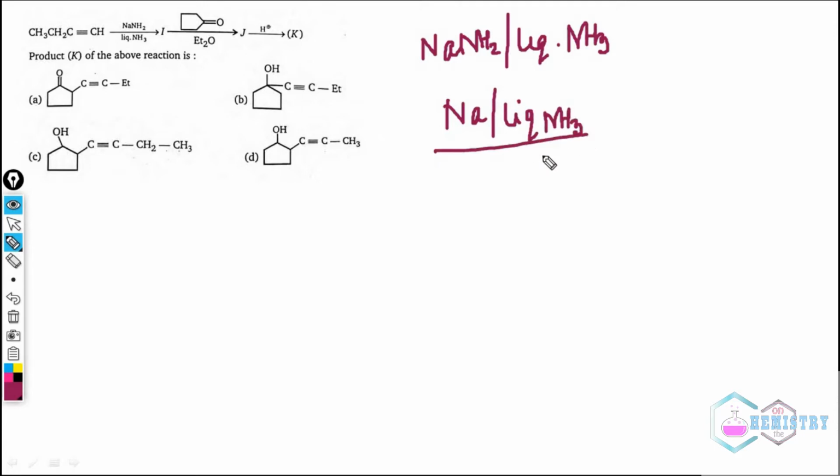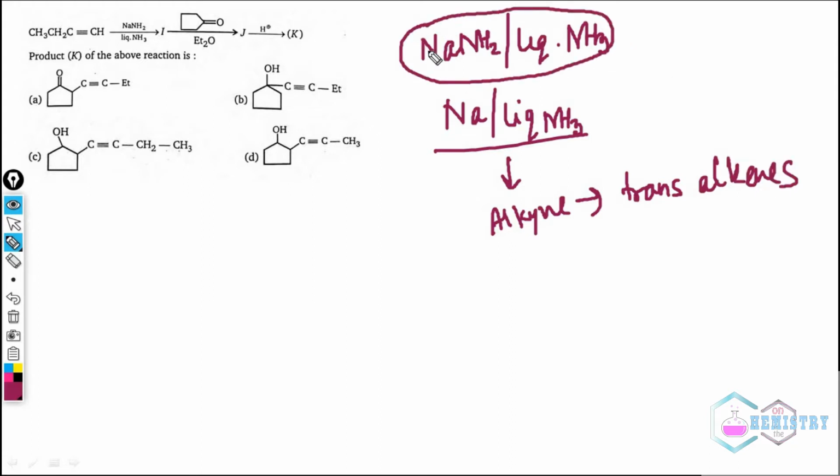Now sodium in liquid ammonia reduces alkynes to trans alkenes, but this reagent, NaNH2 in liquid ammonia, abstracts the acidic hydrogen of terminal alkynes. Only the terminal hydrogen is acidic, so NaNH2 in liquid ammonia only works in case of terminal alkynes.